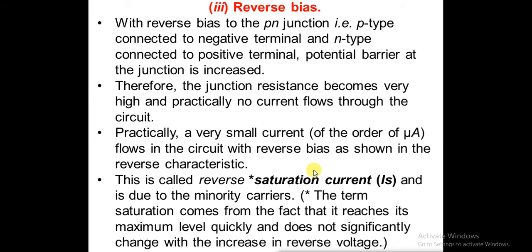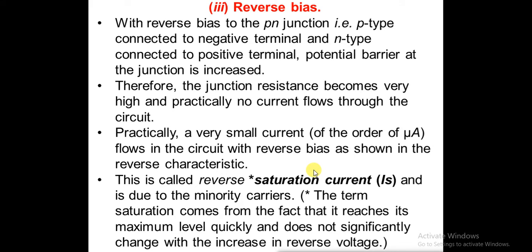It is called the reverse saturation current because it reaches its maximum level quickly and does not significantly change with the change in the reverse voltage, and hence the term reverse saturation current.